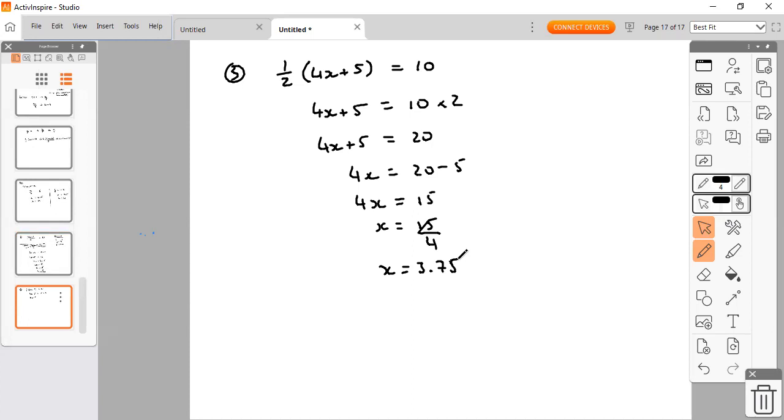So you're looking for barriers. You need to have them at the front of your mind when you're rearranging. When do I need to deal with the barrier? When do I need to deal with the bracket, the root sign, or the fraction?